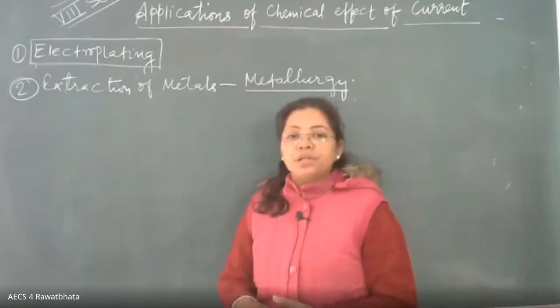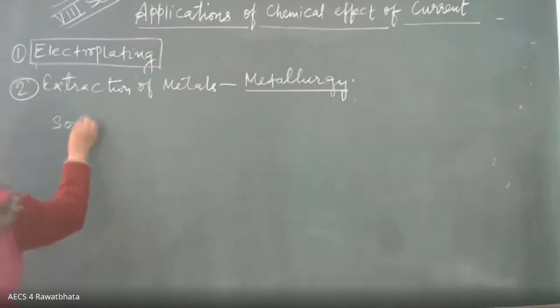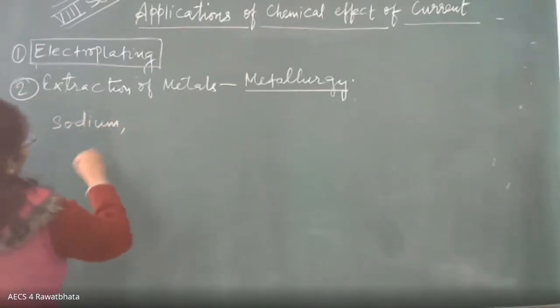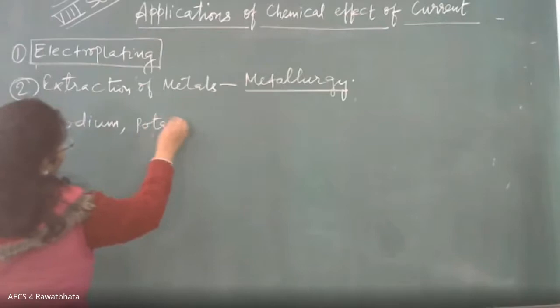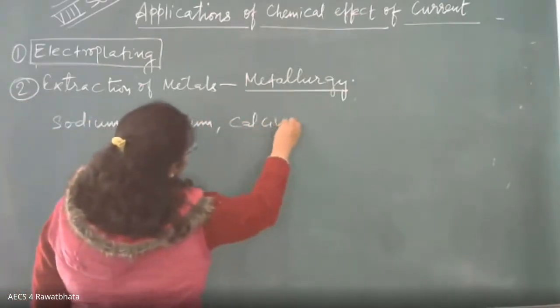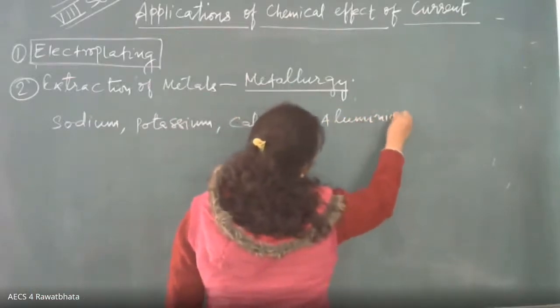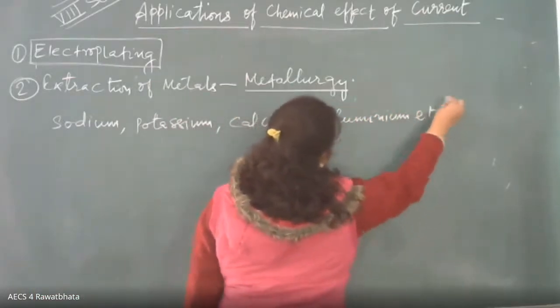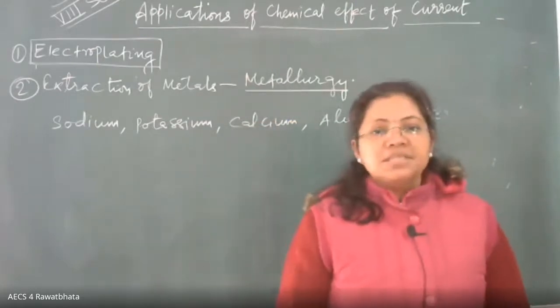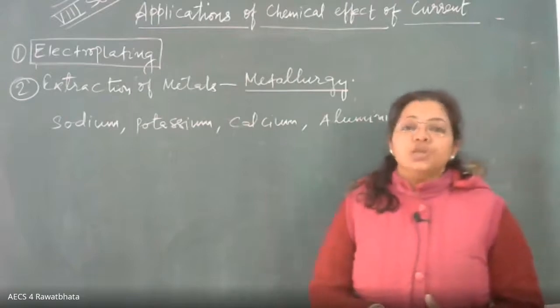For example, some important metals like sodium, potassium, even calcium, aluminium, etc. These metals are obtained by the process of electrolysis.